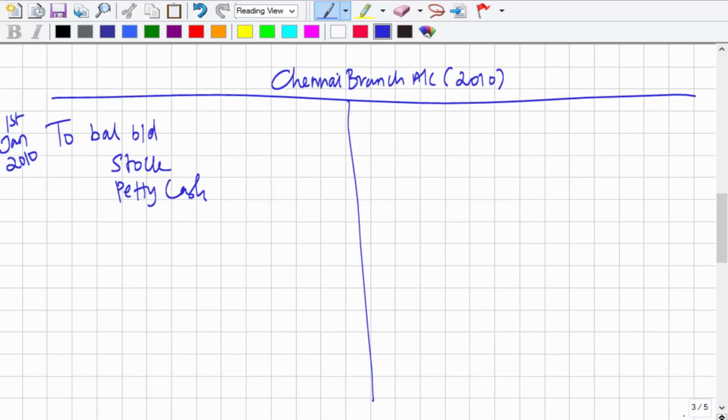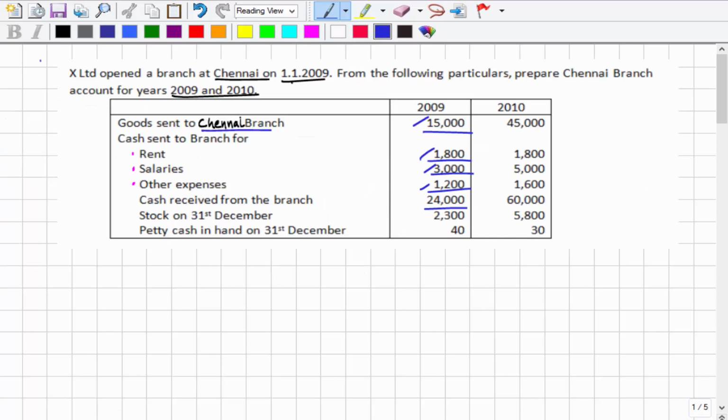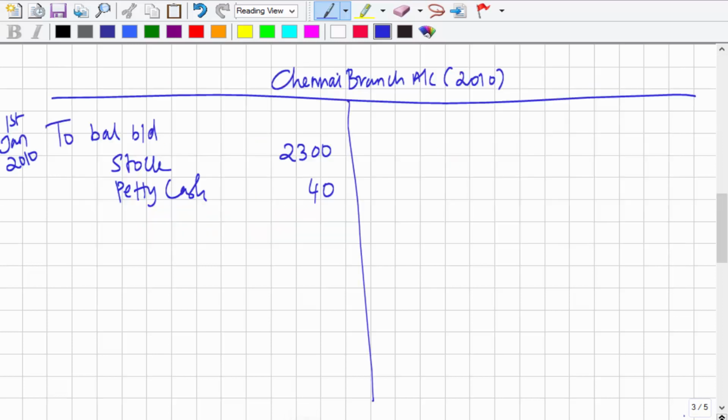Fine. Any other items related to 2010? Yes, we have goods sent to Chennai branch, it is 45,000. So here we'll write to goods sent to branch, and that is 45,000.